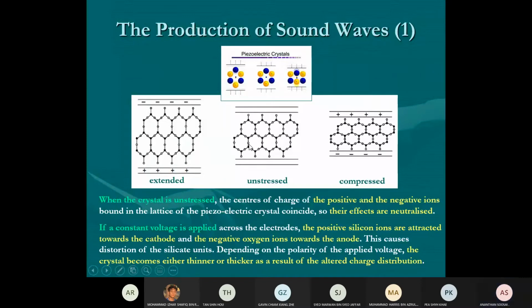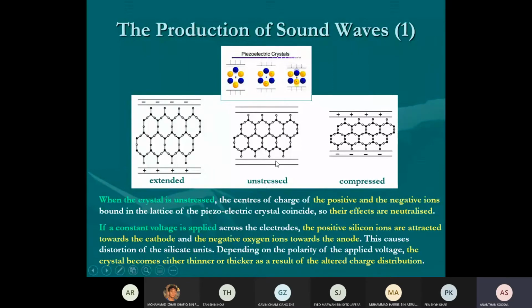The strength of the voltage depends on how much the crystal extends. If the crystal extends more, the voltage generated is big. If the pressure is small, the voltage produced is small.